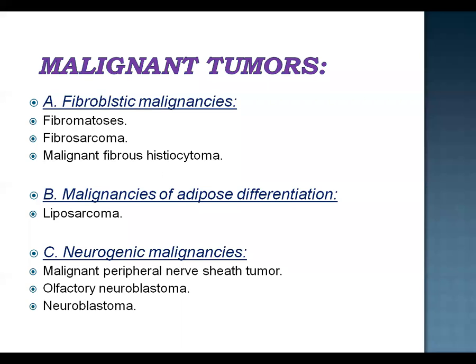Malignant tumors are classified into fibroblastic malignancies: fibromatosis, fibrosarcoma, malignant fibrous histiocytoma; malignancies of adipose differentiation: liposarcoma; and neurogenic malignancies are classified into malignant peripheral nerve sheath tumor, olfactory neuroblastoma, and neuroblastoma.